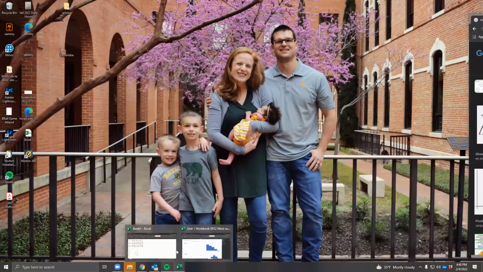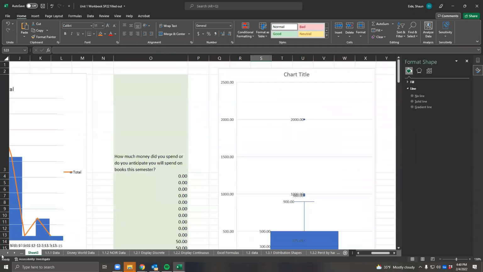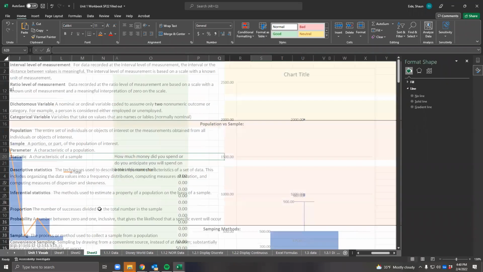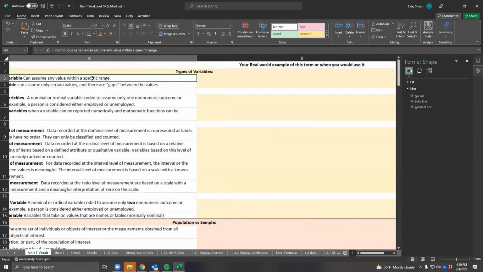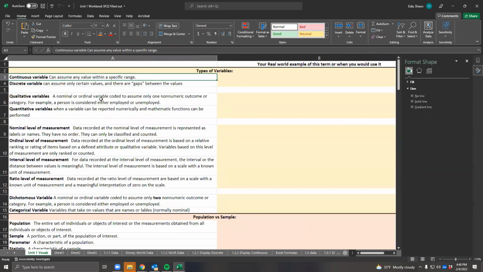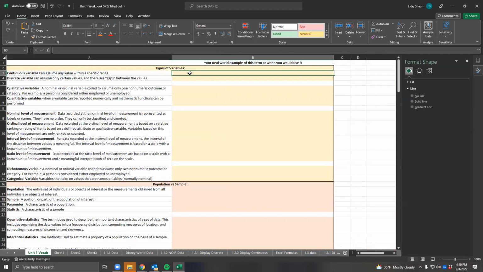Another thing that I want to show you really quick that I highly suggest you do is going in here. Okay, a continuous variable can assume any value within a specific range. So what I'd suggest is you come through here and give an example.